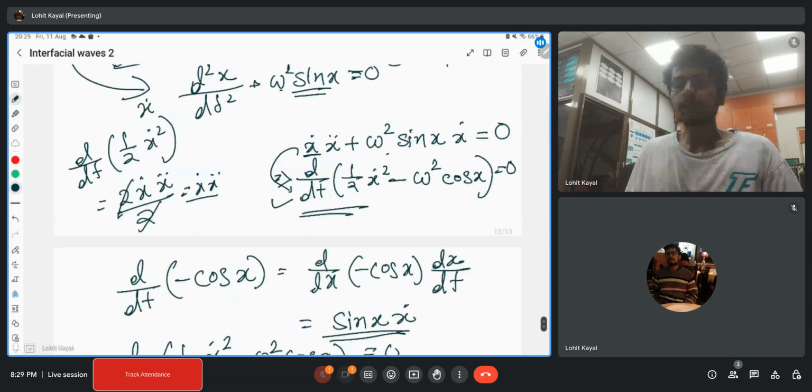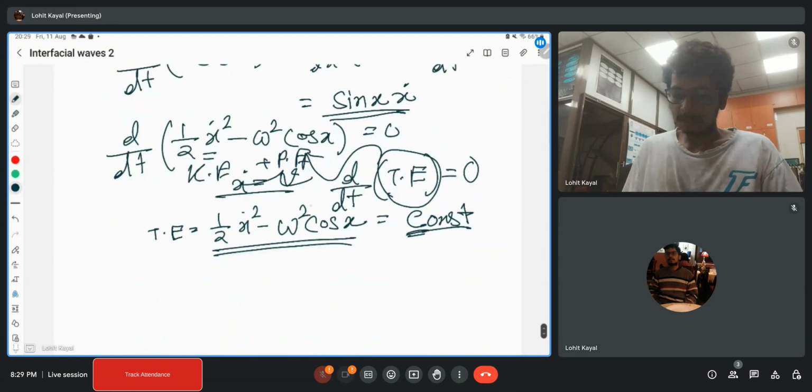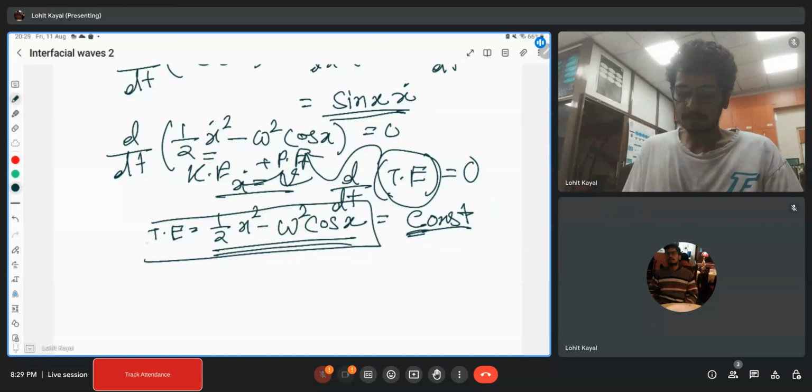So although we cannot solve this equation from our basic mathematics knowledge, still we can extract some information from it. We can extract the total energy, and from the total energy we can calculate the evolution of our nonlinear pendulum. So this is the idea.